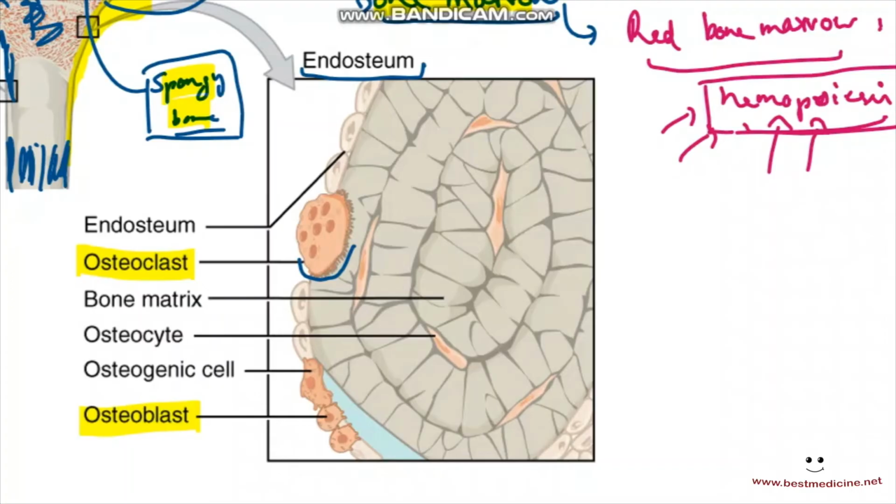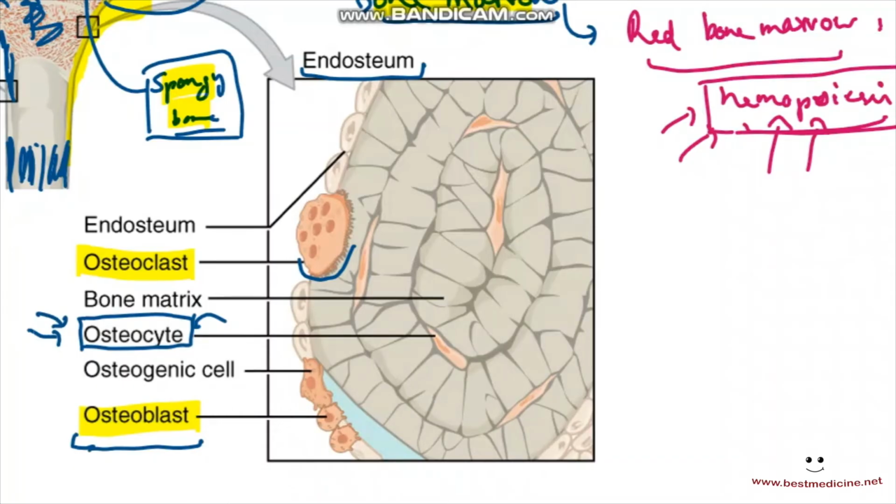That's what osteoclasts do, while osteoblasts do the opposite. They secrete the bone matrix and become part of the bone when they mature as osteocytes. Osteocytes are not present inside the endosteum or the periosteum. Osteocytes are the mature osteoblasts that are part of the bone matrix itself. These are not progenitor cells, these are the mature bone cells.